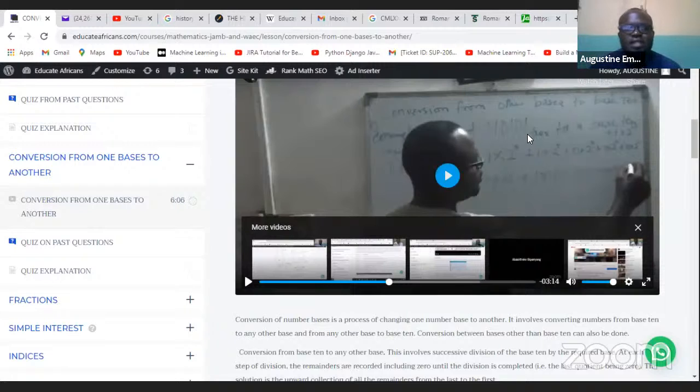Unlike converting from base 10 to other bases, where you use successive division: after dividing, you pick up the remainders, counting them from down up. Then it becomes what you need.